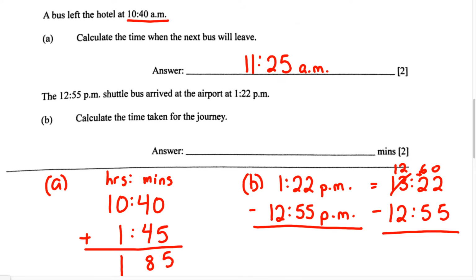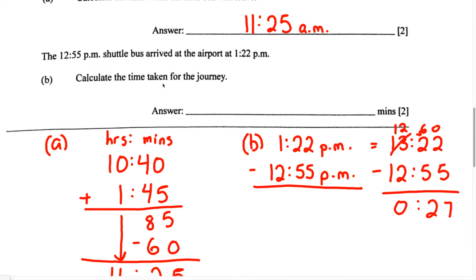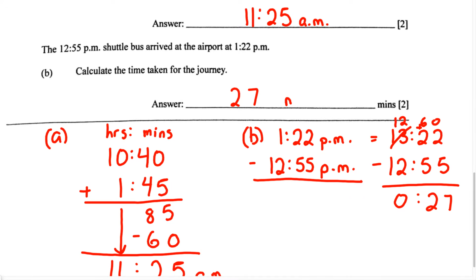Therefore, we have 82 minutes minus 55 minutes. When we solve for this, we're going to get 27 minutes. And now when we subtract the hours, we have 12 minus 12, which is going to give us 0. Therefore, the time taken for this journey is going to be 27 minutes. This is our answer.